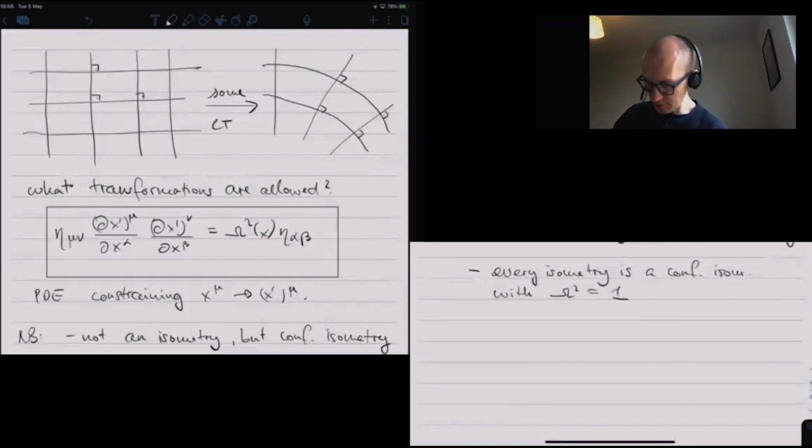And then the last comment I make, which is often a source of confusion. This is something that you should really retain. It's confused me a lot over the years, but the point is that not all functions omega squared of x can be reached by a conformal transformation.